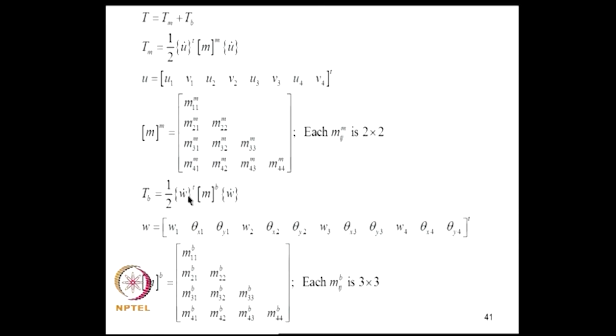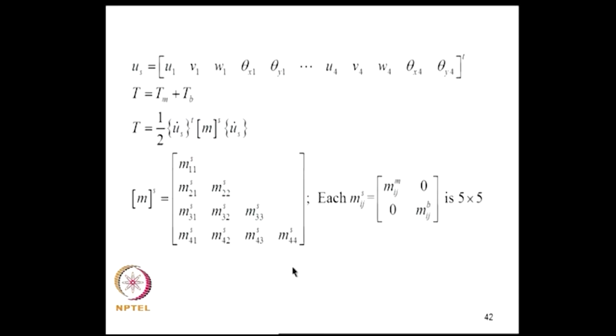For the bending action, again the nodal degrees of freedom are 12, which are W1 theta x1 theta y1, and similarly the others. So, the mass matrix for bending action again is given by this, and each of these sub matrices is 3 cross 3. So, now if I write the expression for T, I need to appropriately assemble these matrices. If I define the nodal coordinates for the shell element, subscript S is for shell, I will have 20 nodal degrees of freedom, and I need a 20 by 20 mass matrix.